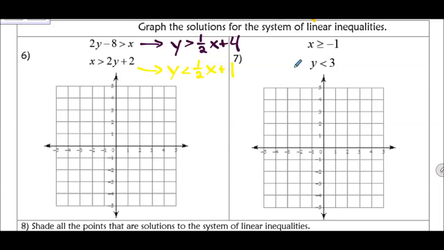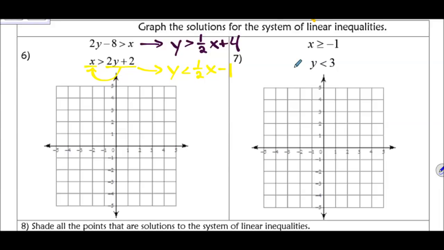Actually, that's going to be a minus 1. Okay, so on this one, I had to flip it around. I only flipped that so that the y is on the left side. I didn't flip it because I multiplied or divided by a negative number.